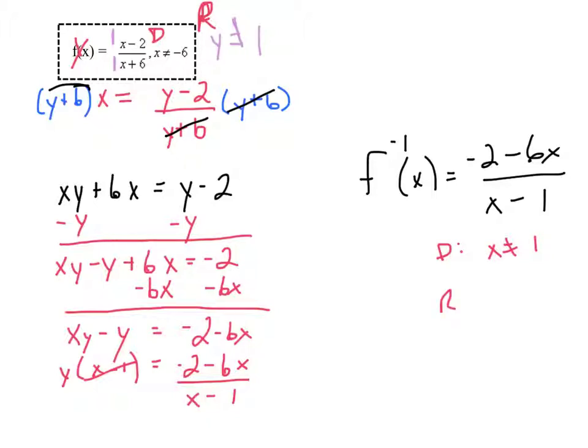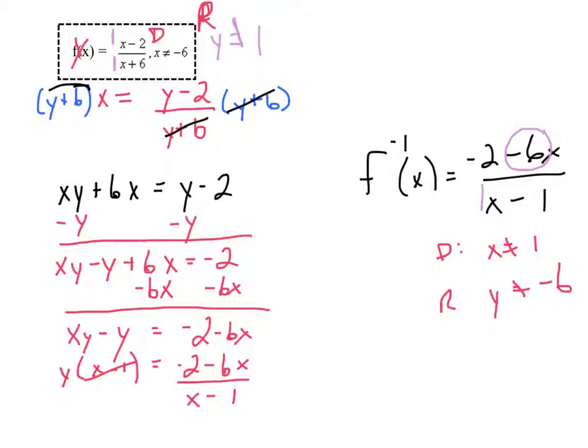And the range, if we once again look at the powers, we've got an x on top and bottom, we make a fraction out of their coefficients, so negative 6 over 1, we've got y can't be negative 6.